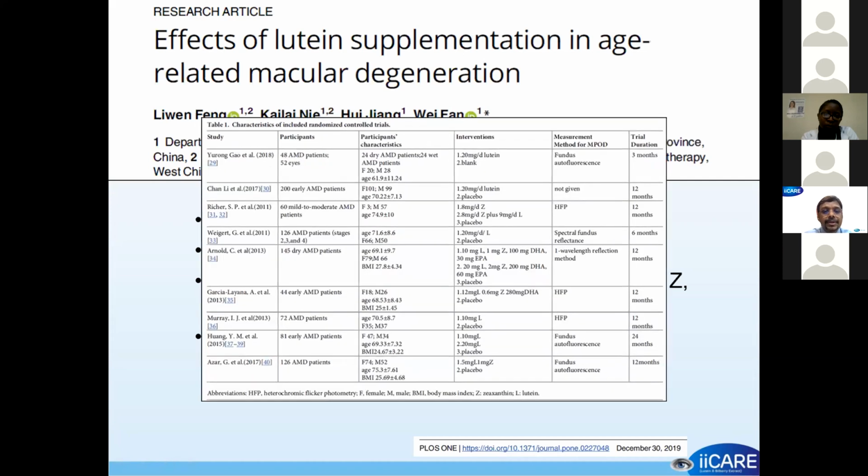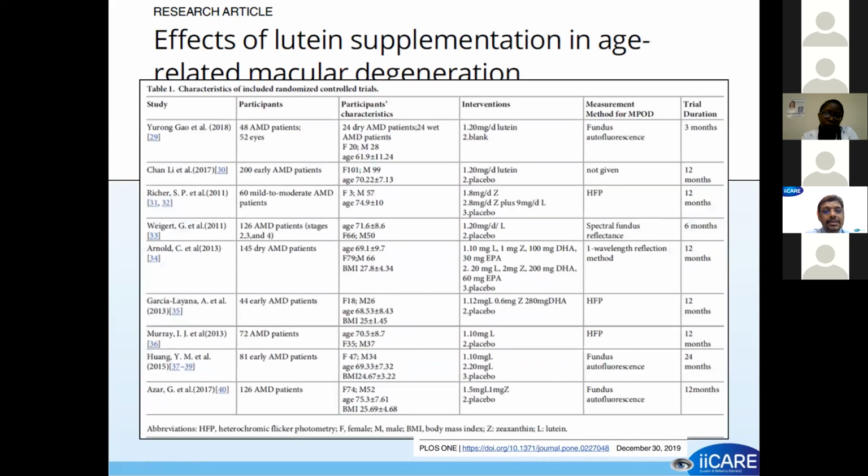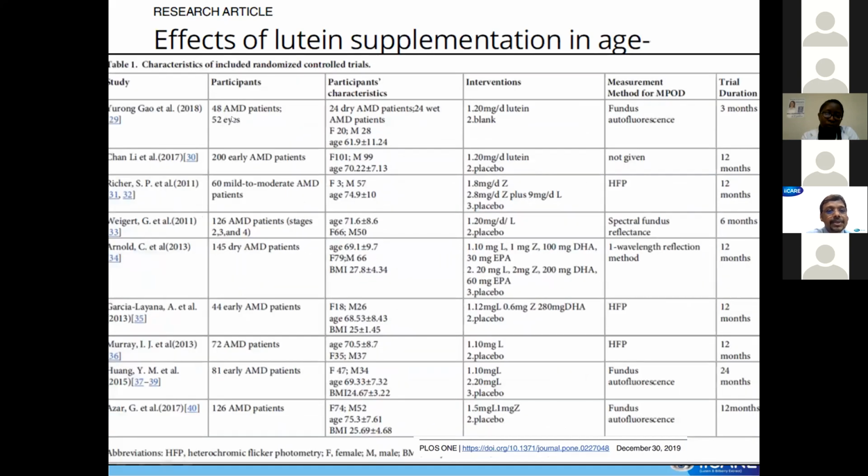If we look at these basic characteristics of the studies, we can see the studies included were published in 2018, 2011, 2013, 2017, and the patients were of AMD, mainly dry AMD. Also, there were some patients with wet AMD, but mainly it was dry AMD.